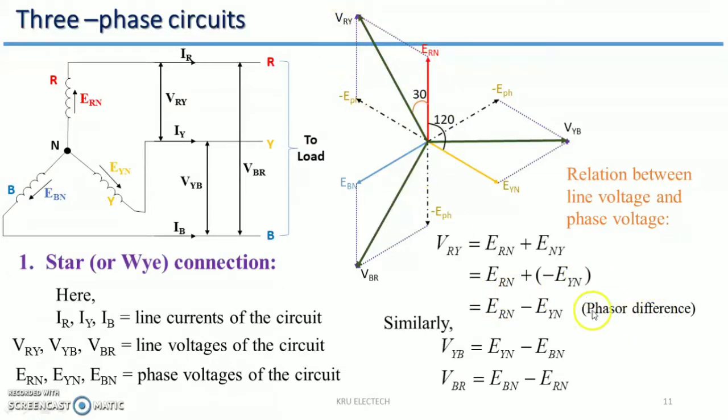This is the phasor difference. Similarly, for the other two phases, VYB is VY plus minus VB, and for VBR, it is EB and minus ER. So VBR means VB minus VR.